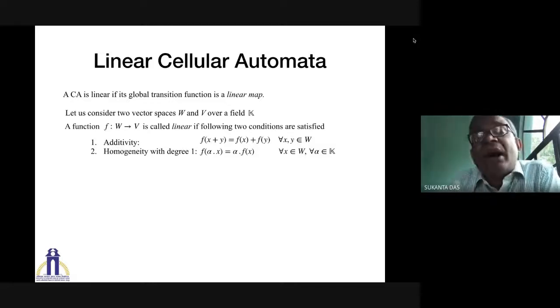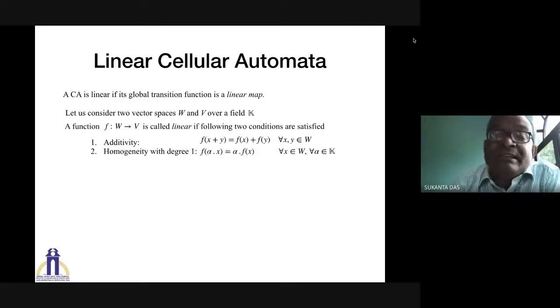And if f of alpha x equals alpha times f of x, this condition is satisfied, it is homogeneous with degree 1. Actually, homogeneous in general means f of alpha x equals alpha to the power k times f of x.